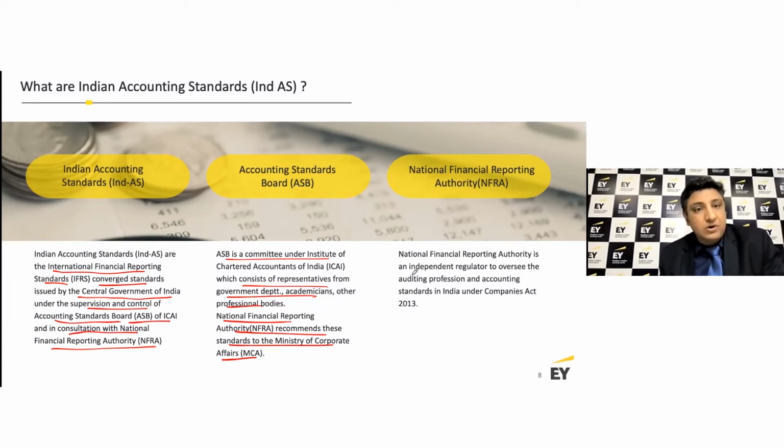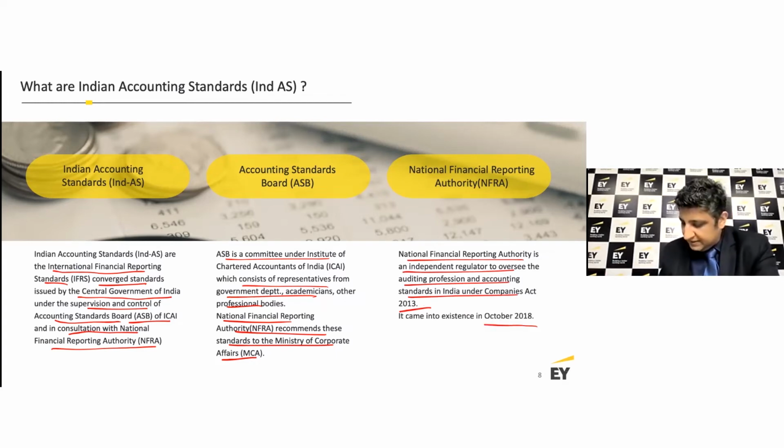NFRA, as I mentioned, is an independent regulator to ensure that the auditing profession and the accounting standards are being implemented in their spirit, and that is where the role of NFRA comes. It's a relatively newer body.